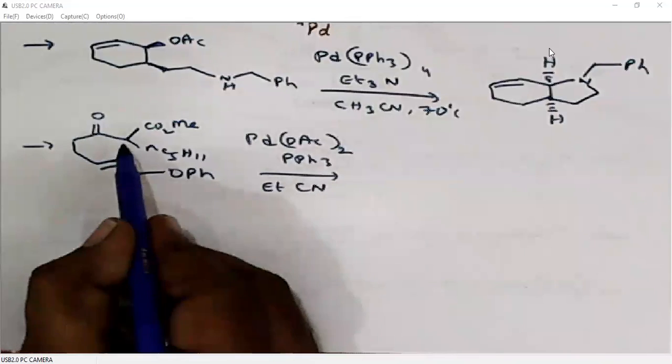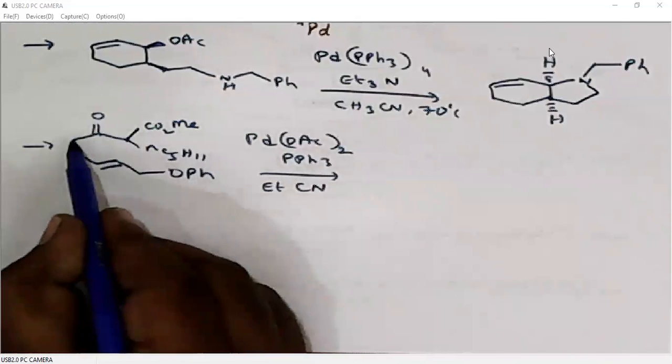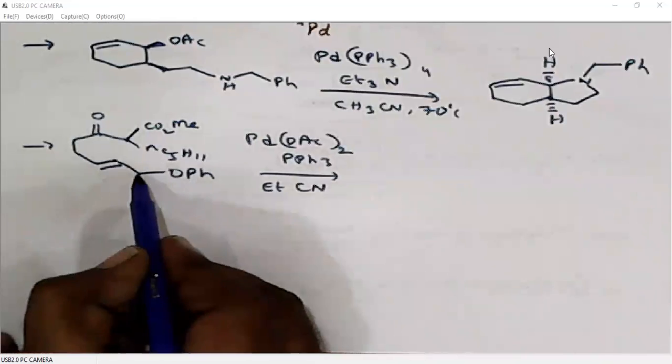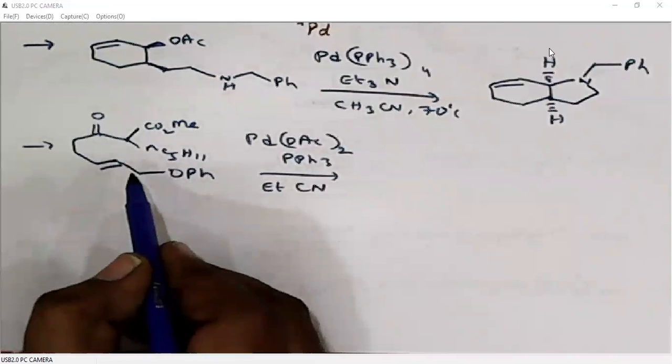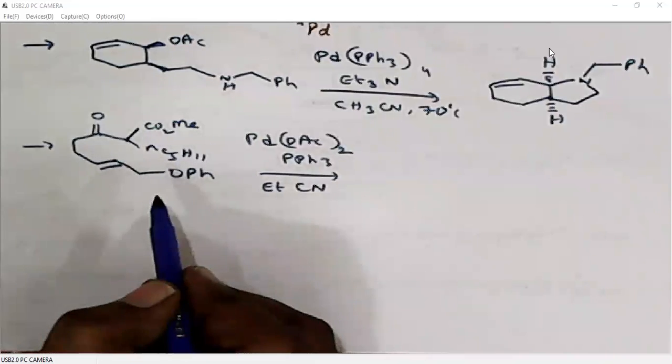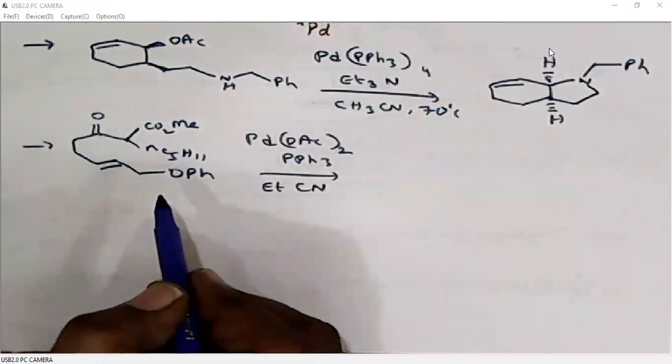So 1, 2, 3, 4, 5, 6, 7. As we know, 7-membered rings are not that easy to generate. When we have a possibility for 5 or 6, better go for 5 or 6. If there is no possibility for a 5 or 6-membered ring, then go for 7-membered, then 8-membered.